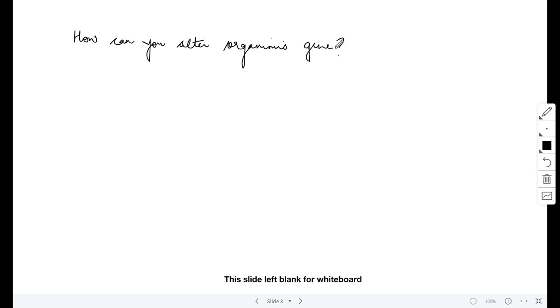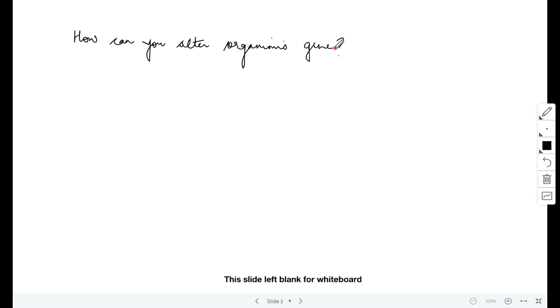You could alter the genetic material by maybe adding an extra chromosome. But if you're talking about genetic engineering, how will you do that?